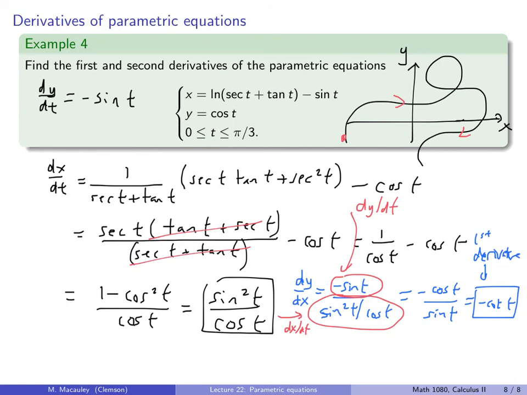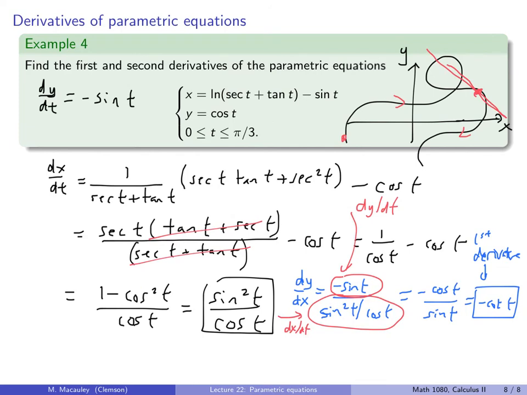So at every point on this curve, where the tangent line is not vertical, we can compute the slope of the tangent line. A vertical tangent would mean the derivative is not defined.